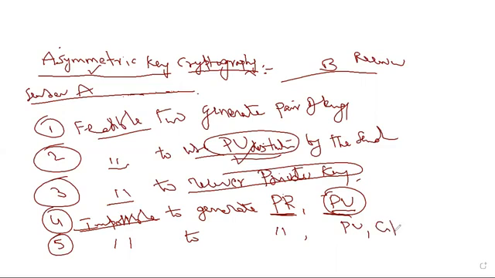Even if the opponent knows the ciphertext and the public key, it is computationally infeasible to generate the private key, right?